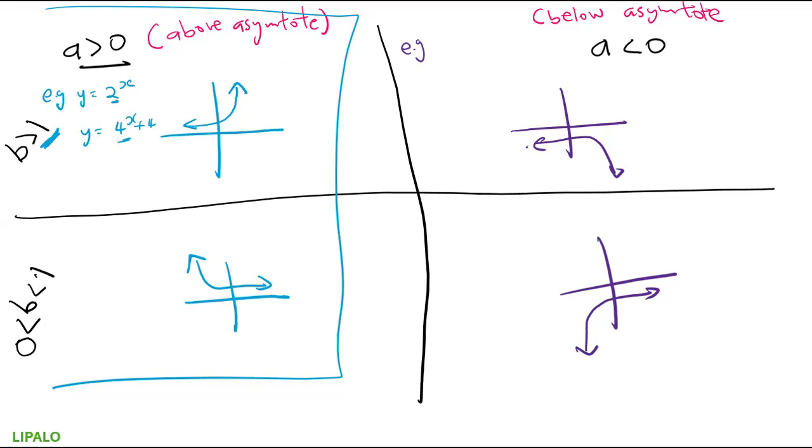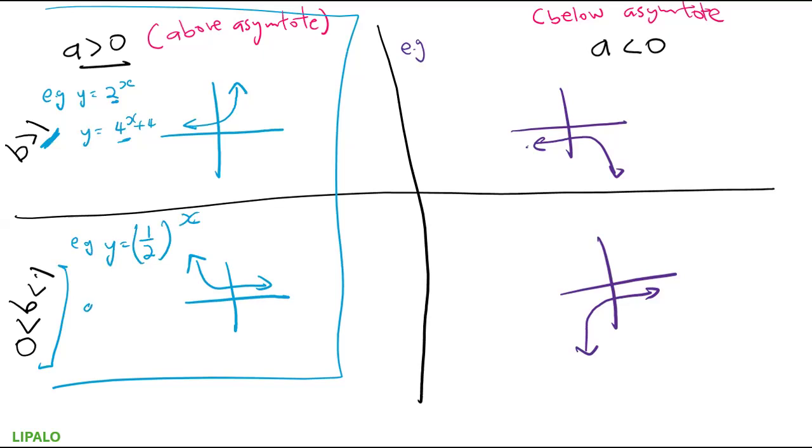If now b is a fraction, between 0 and 1, and a is positive, for example, these types of curves, y is equal to 1 over 2 exponent x. This is what you're going to get.